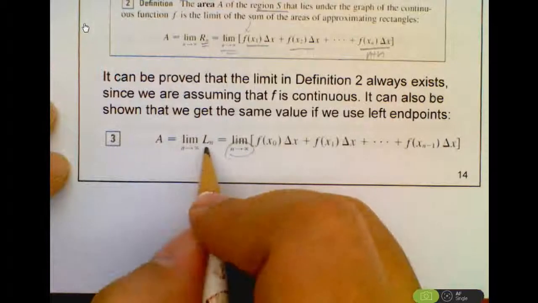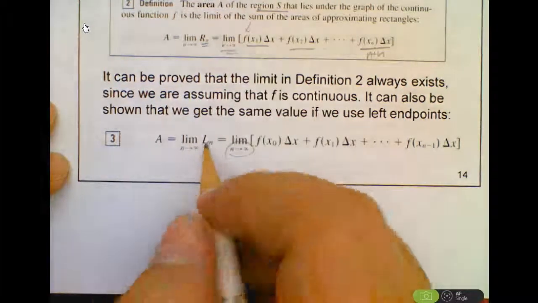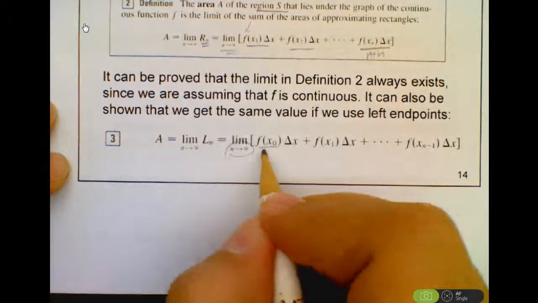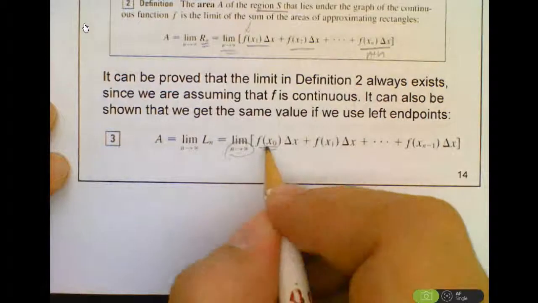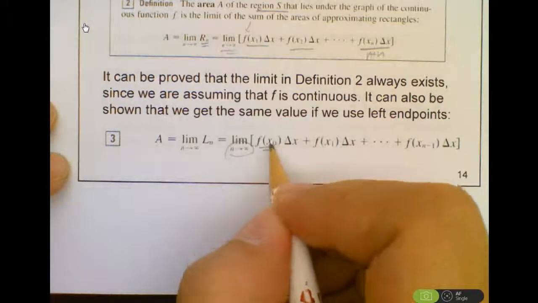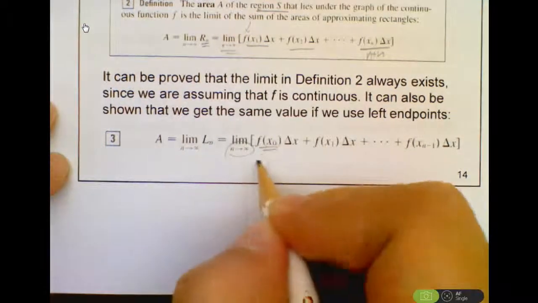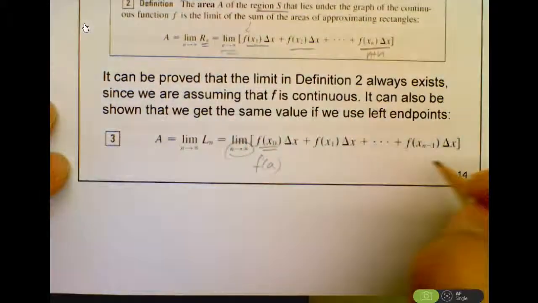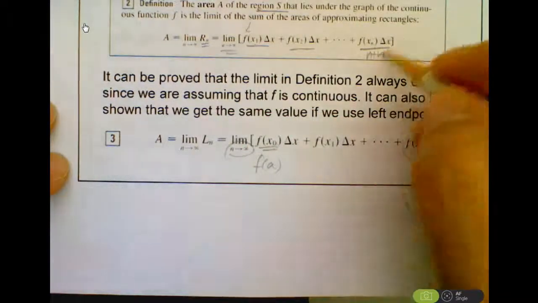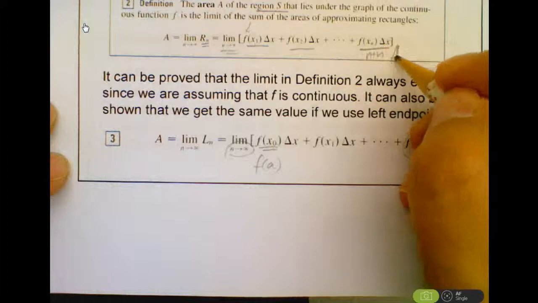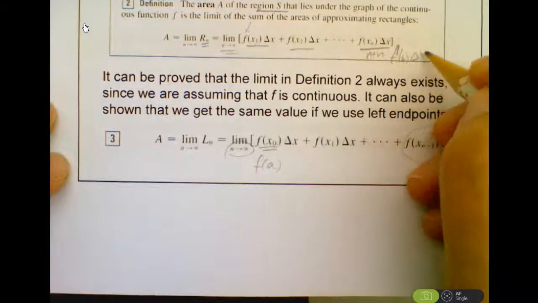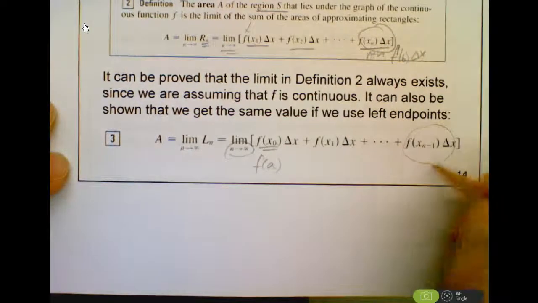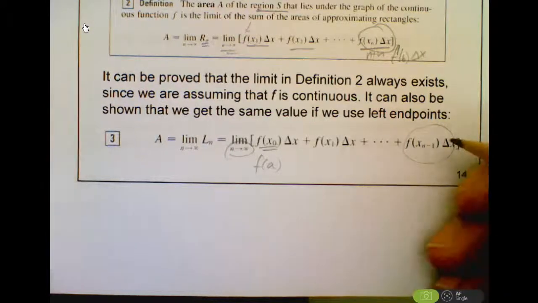Now notice that if we're using the left endpoints, then the first one that I'm going to use is evaluated at x sub 0, which will be f of a. And notice how in here we're using f of b at the end, f of b times delta x. In here we're not using f of b, we're using the x that came before that.